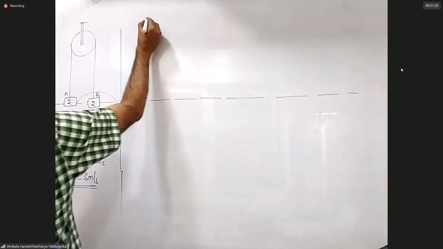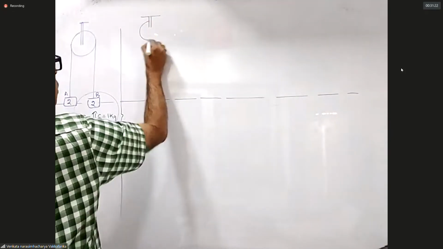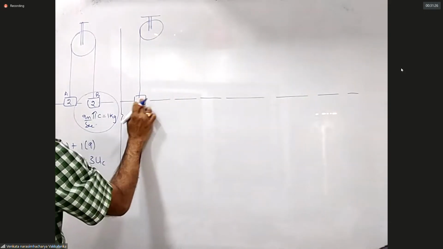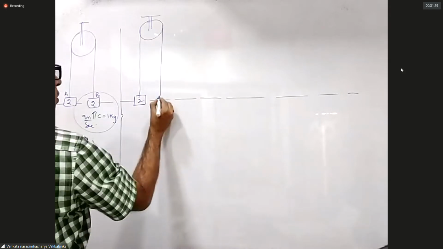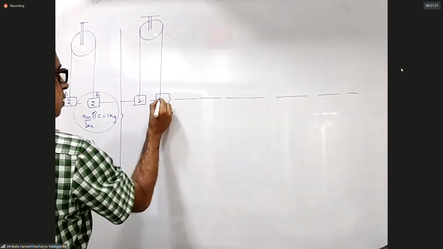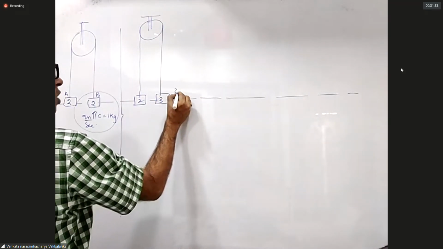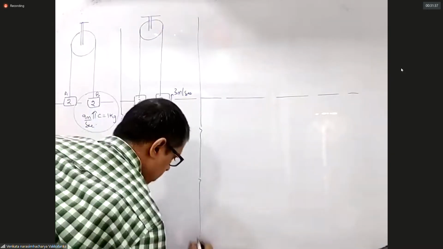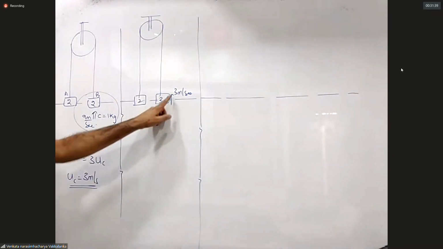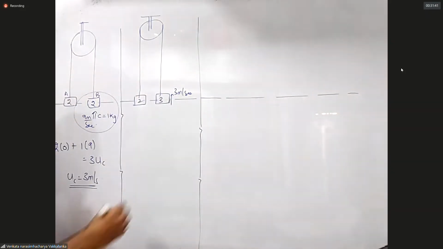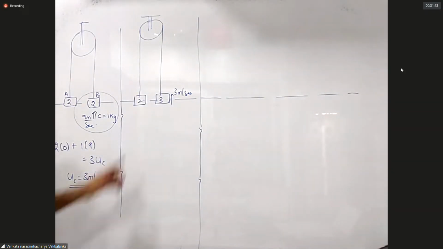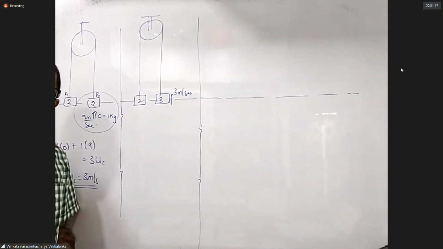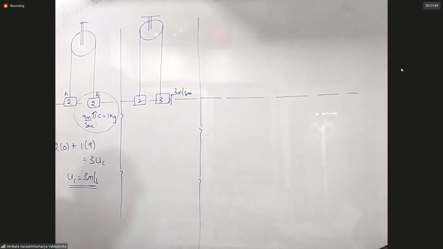Now where do you stand? This is 2 kg. This is 3 kg given a velocity of 3 meters per second. The moment you have given indirectly 3 meters per second velocity, the tension in the string will become zero. Do you all agree with that? Yes, sir.